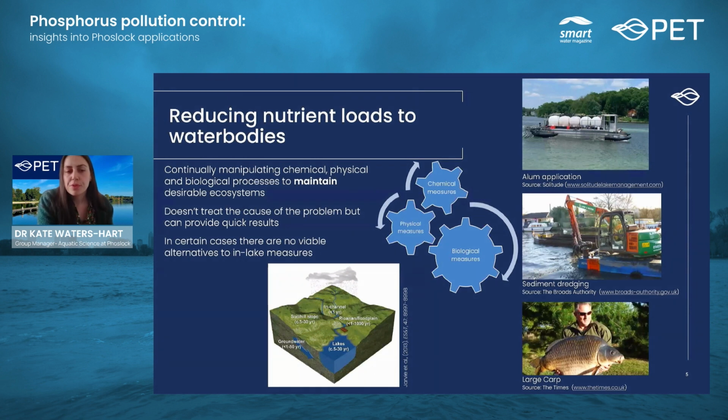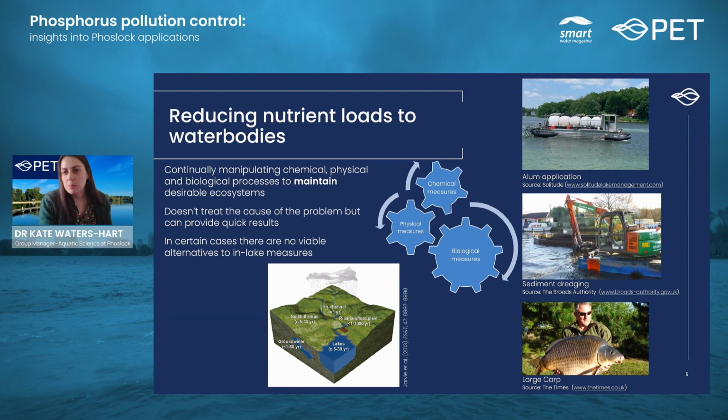So even if we reduce catchment phosphorus entering our lakes, they may take a really long time to recover, or they actually might not at all, due to a process called internal loading or legacy phosphorus. This is where phosphorus has entered the water body through years of catchment runoff and sedimentation, and the phosphorus can be retained within the lake bed sediments and then cycled from the bed sediments to the overlying water column during natural lake conditions.